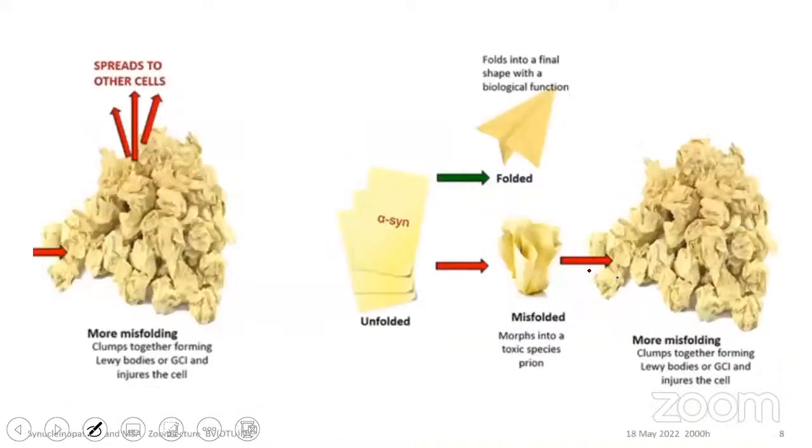So this we have already seen. Now you see the misfolding and clumping of alpha synuclein, and the clumps together form Lewy bodies or glial cytoplasmic inclusions, and they injure the cells. You see alpha synuclein, which is unfolded here. It becomes normally folded, folding into a final shape with a biological function, which probably helps in synaptic transmission.